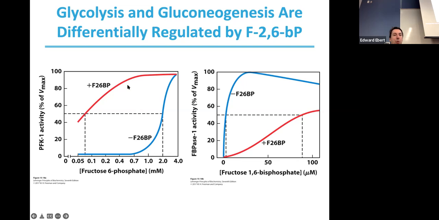PFK activity going one way to make this, FBPase activity going the other way to consume this and make fructose 6-phosphate, taking off the 1. Yeah, sorry. This is where I should have spent more time prepping this slide.